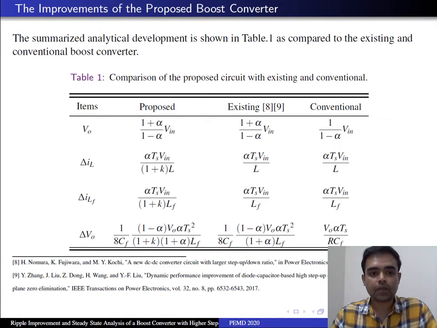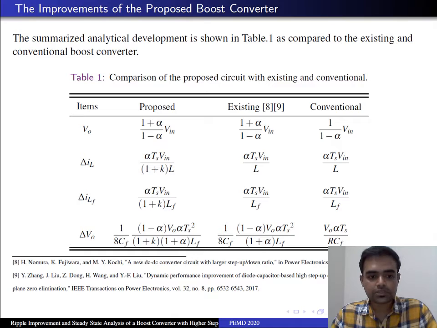Here comes the comparison table of the proposed circuit with the existing and conventional boost converter. You can see the proposed boost converter has the conversion ratio of (1 plus alpha) by (1 minus alpha) times Vin, whereas the conventional boost converter has the conversion ratio of 1 by (1 minus alpha) times Vin. So obviously the proposed converter has a better conversion ratio than the conventional boost converter.